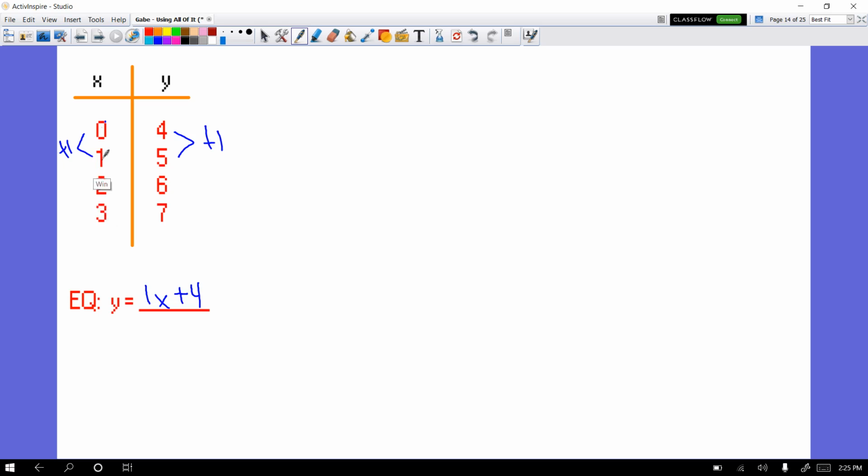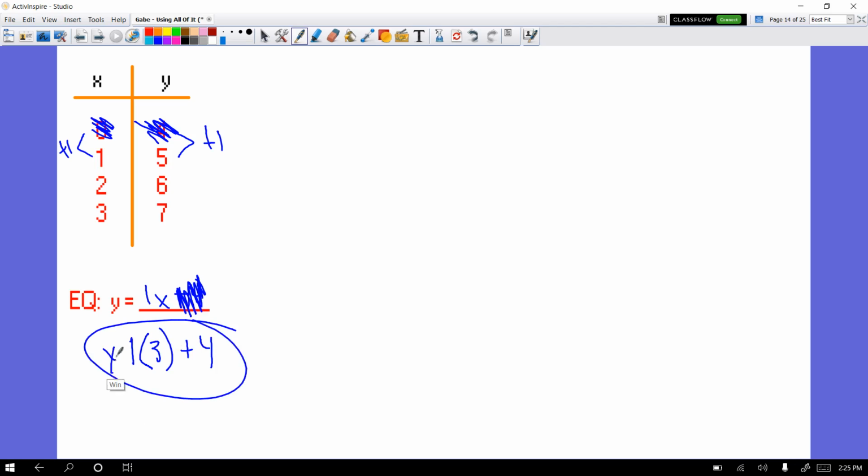You take any number from your x values. So let's say we don't know that +4 yet. This is not here. You would say, okay, what I know is the slope so far, and I'm going to substitute any number on the x. I'm going to do 3. 1 times 3 is 3. How do I get to 7? Plus 4.